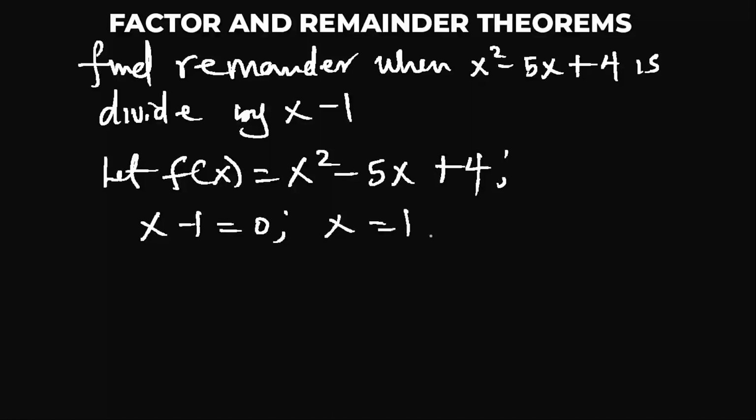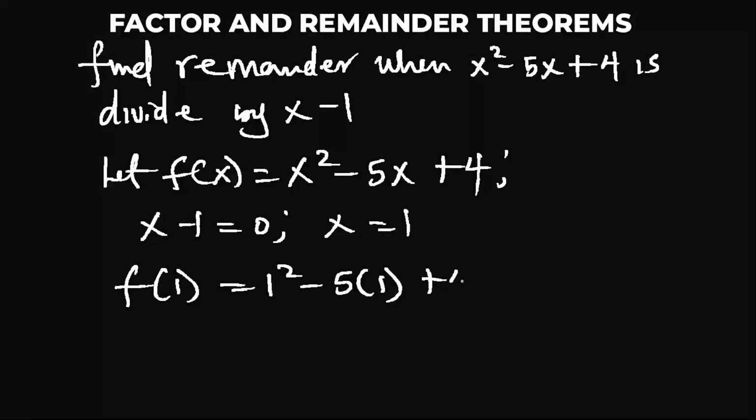Therefore, x equals 1. So we find f of 1, that will be 1 squared minus 5 into 1 plus 4. So we are going to have 1 minus 5 plus 4, and this implies 1 minus 5 is minus 4, plus 4.